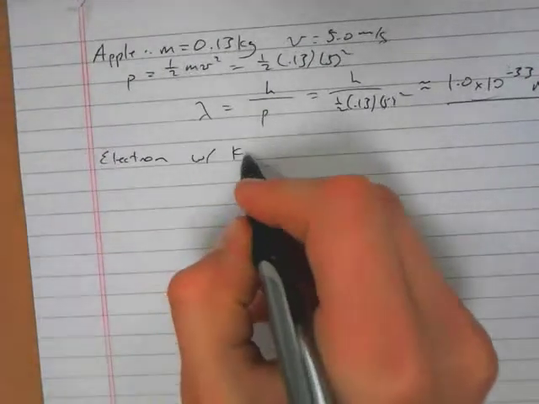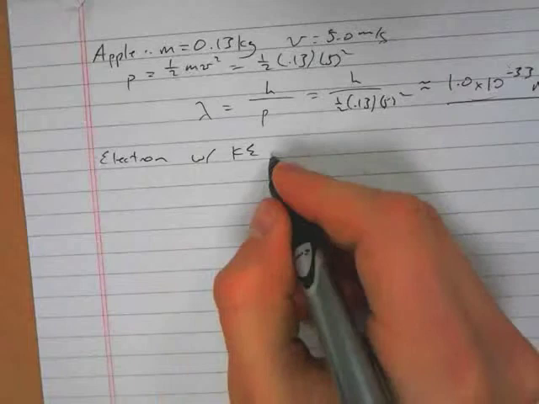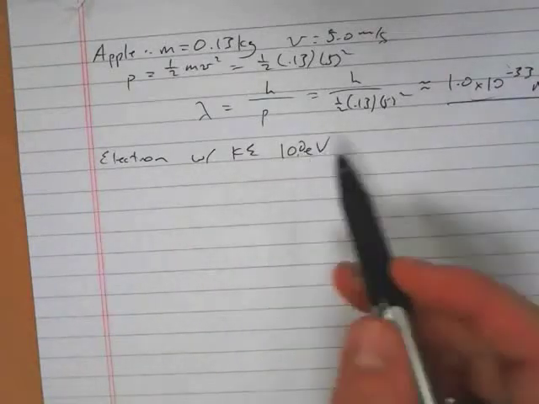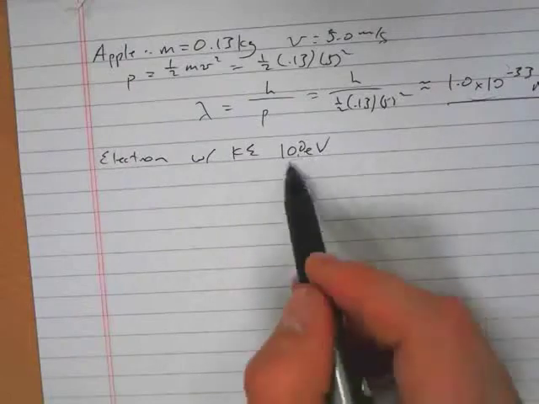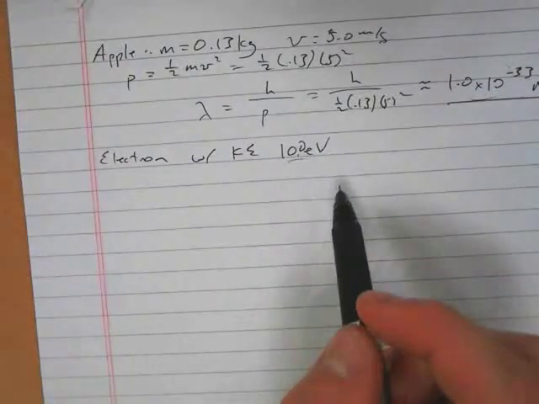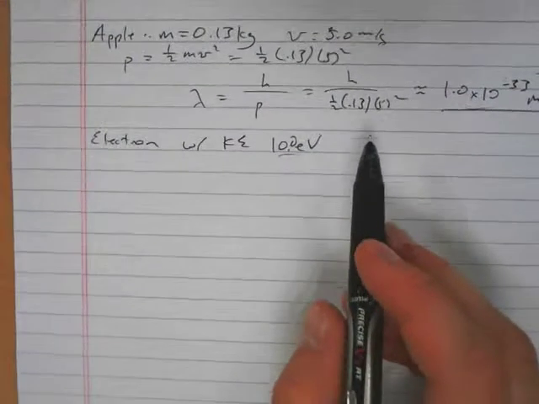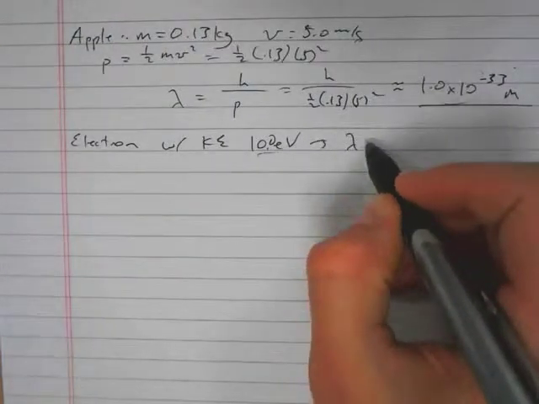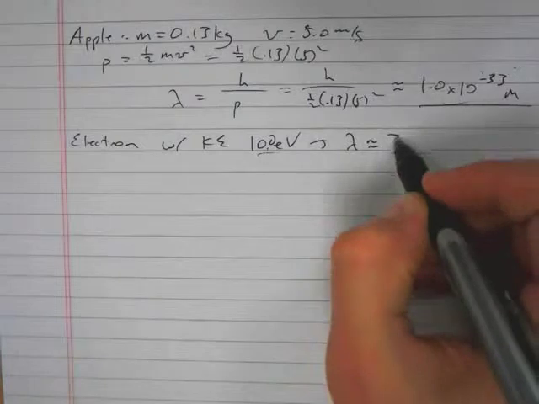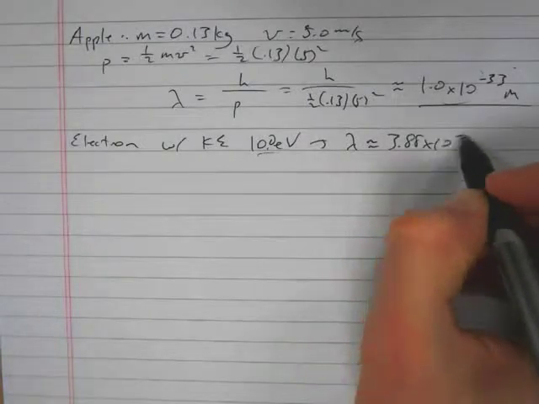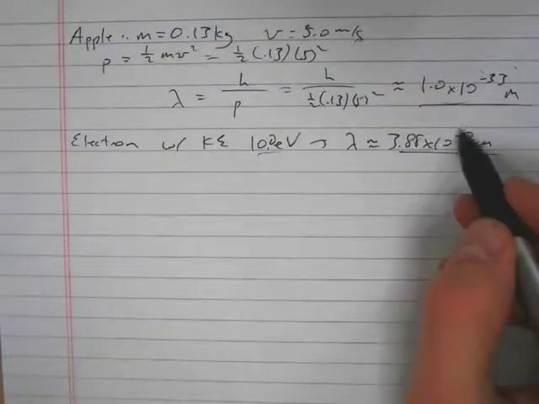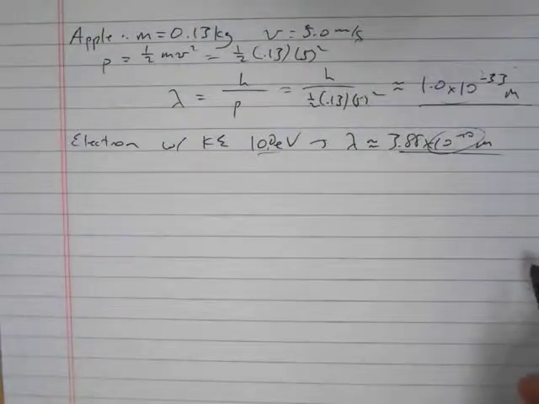By comparison, an electron with kinetic energy of 10 electron volts, which is a fairly reasonable value for the kinetic energy of an electron in an atomic system, has a wavelength of 3.88 times 10 to the minus 10th meters. That's still really small, but it's on the scale of the size of an atom.